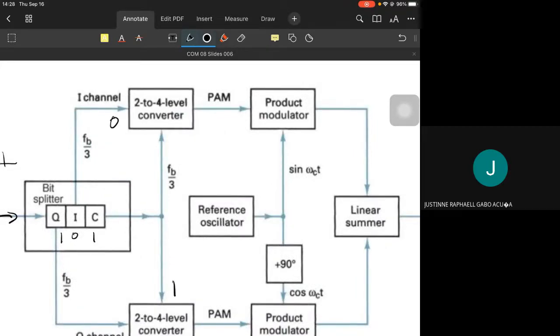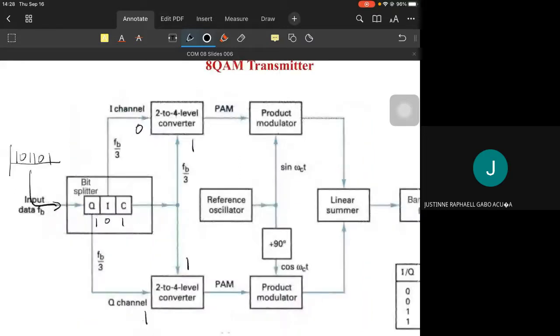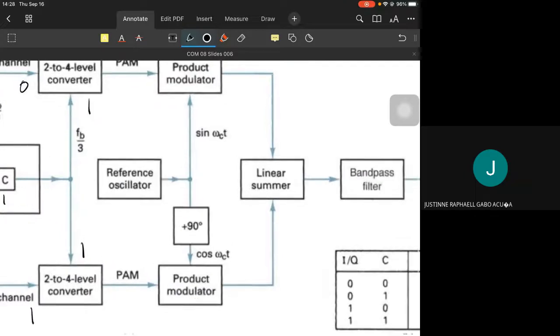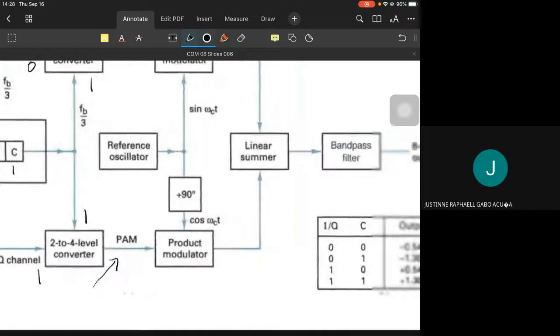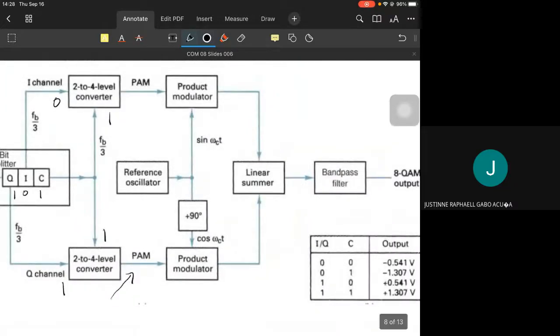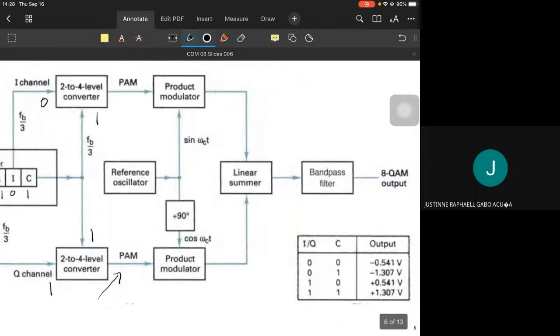So 1 here and 1 there. So the possible output here, the voltage level of the output: Q is 1 and C is 1.